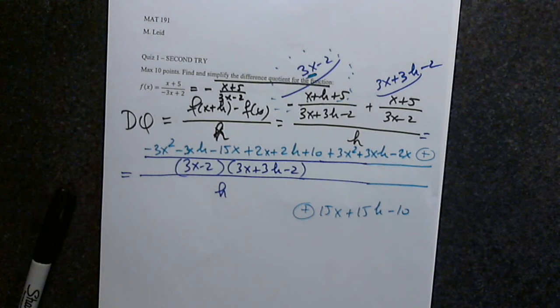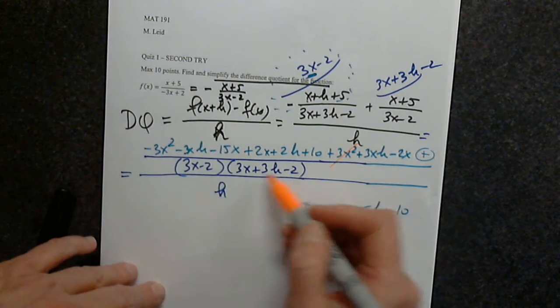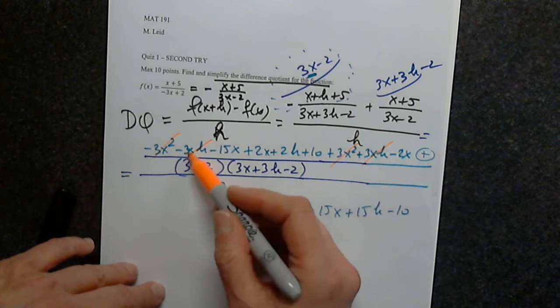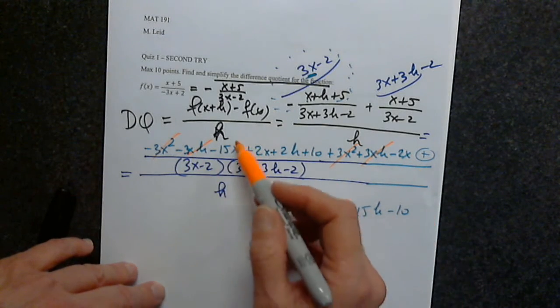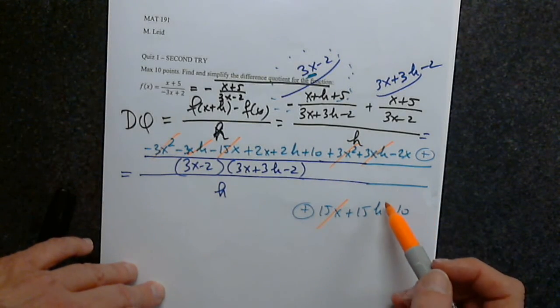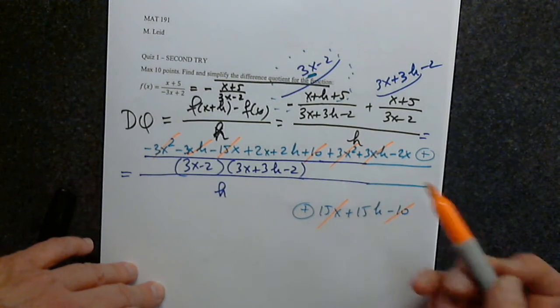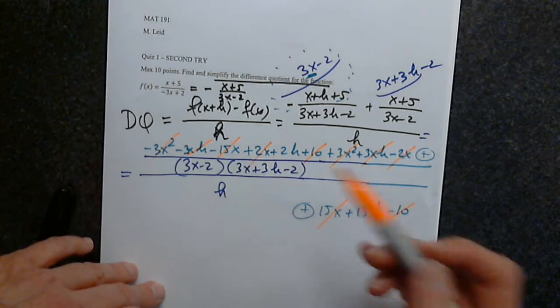At this point, I take a deep breath and I say, okay, terms without h must go away. It's a bonus if more terms go away, but definitely terms without h must go away. So let's look for those. These two, this is a bonus, these two, these two, and these two.